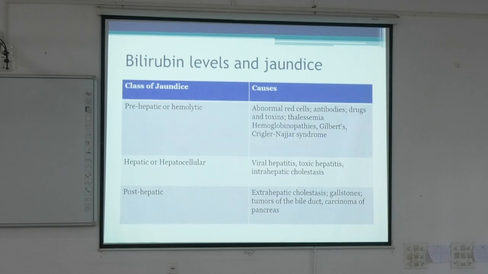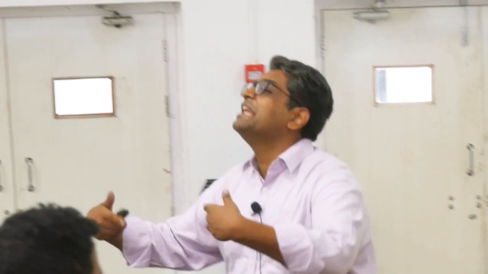So there is a topic which is called congenital hepatic hyperbilirubinemia. I use this term hyperbilirubinemia because it may be conjugated also, it may be unconjugated. Okay? So, what is the topic?